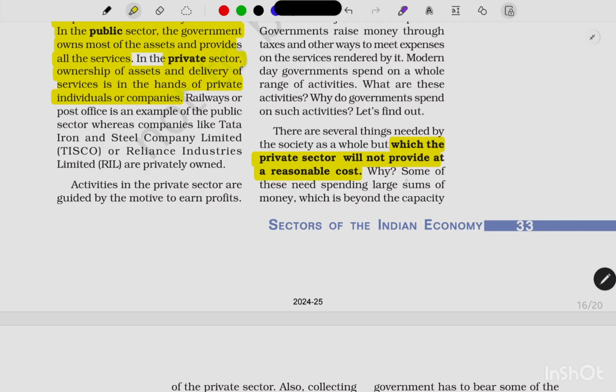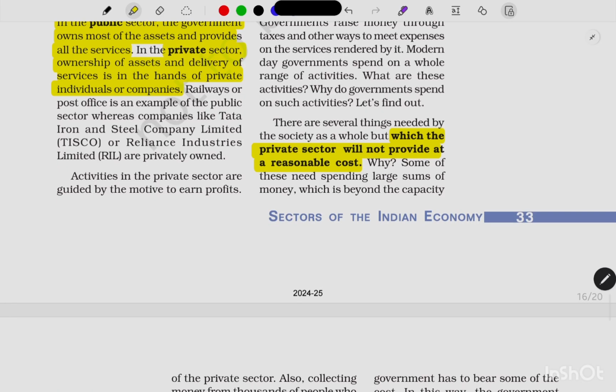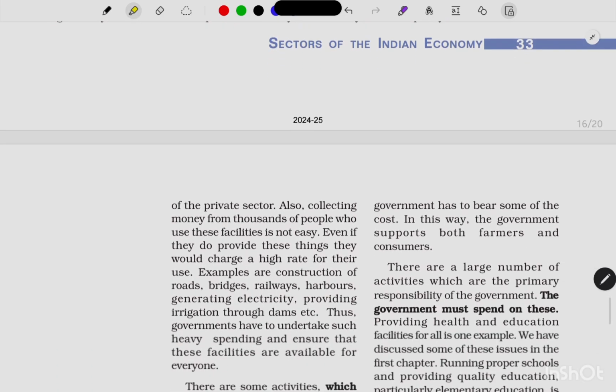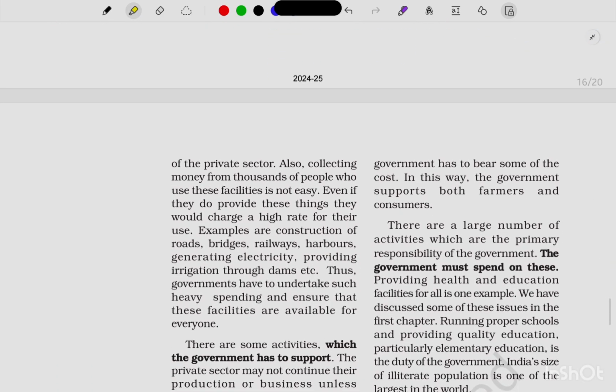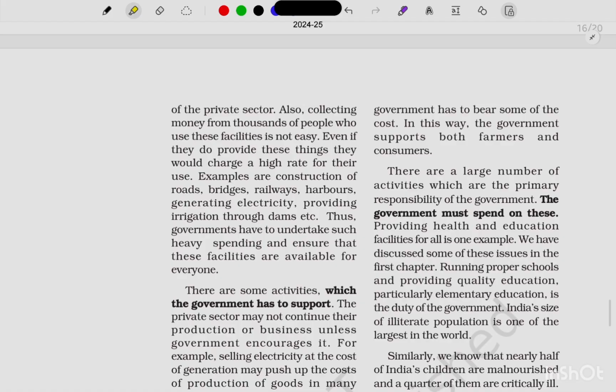Some of these need spending large sums of money, which is beyond the capacity of the private sector. Also, collecting money from thousands of people who use these facilities is not easy. So, even if they do provide these things, they would charge a high rate for their use.